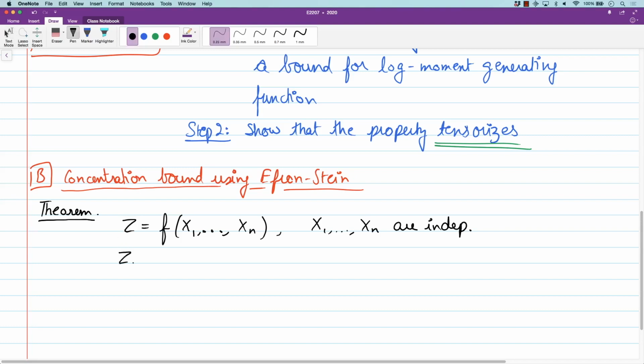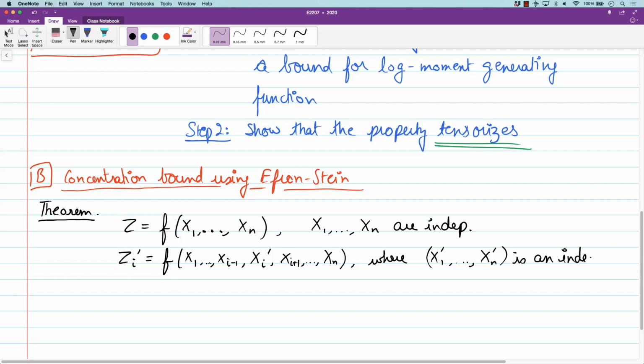Let Zi prime be f of X1 to Xi minus 1, and then you replace Xi with its independent copy, and Xi plus 1 to Xn, where X1 prime to Xn prime is an independent copy of X1 to Xn.